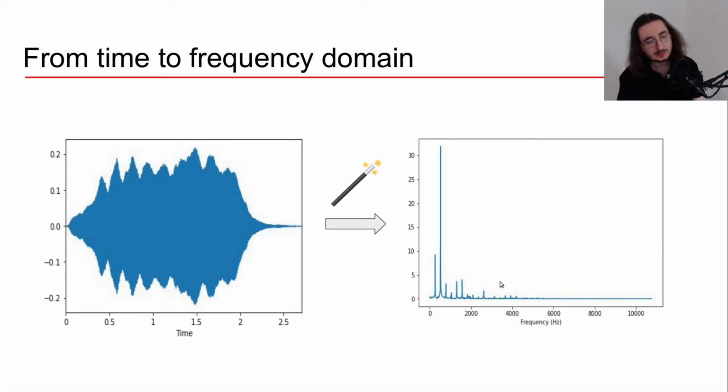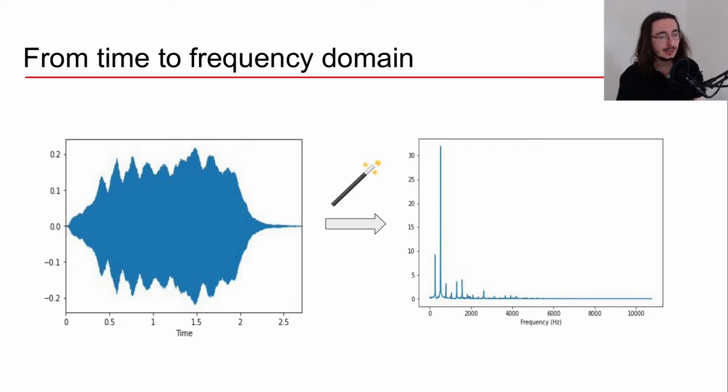Whereas when we move to the frequency domain, we look at all the frequency components of a sound, and we see how much they contribute to the overall sound. And indeed, on the x-axis we have the frequency in hertz, and on the y-axis we have the magnitude, which tells us how much each of the different frequency bands contributes to the overall sound.